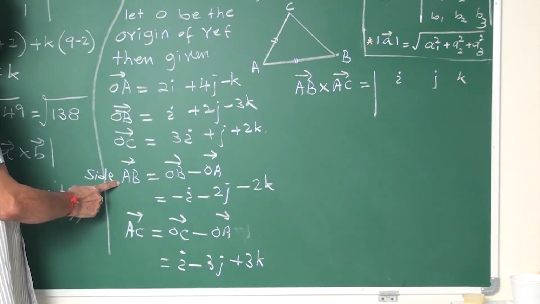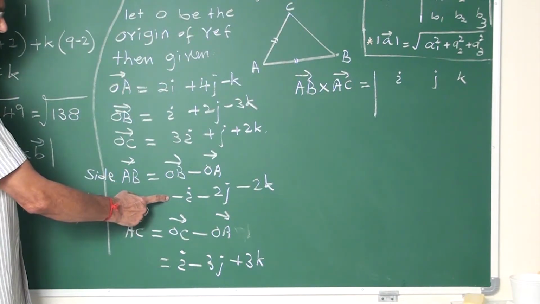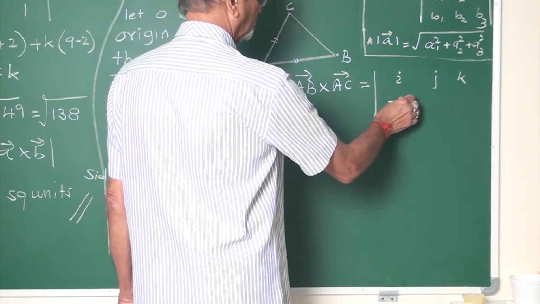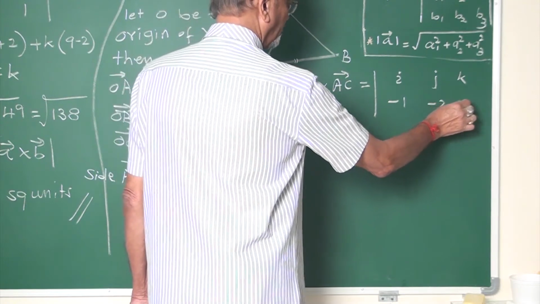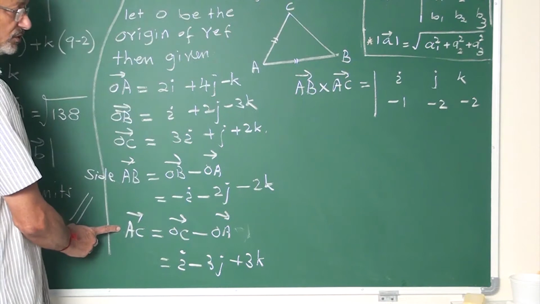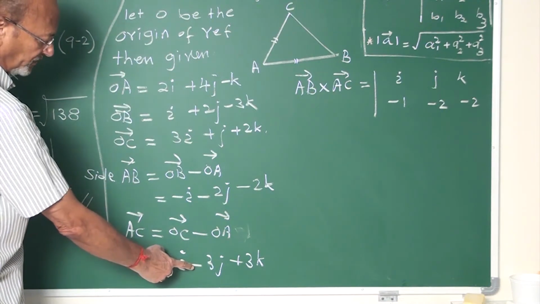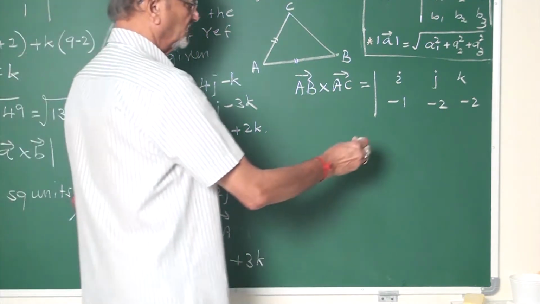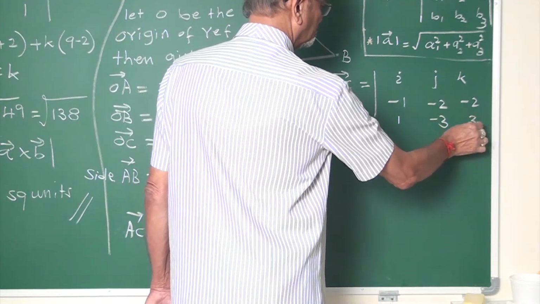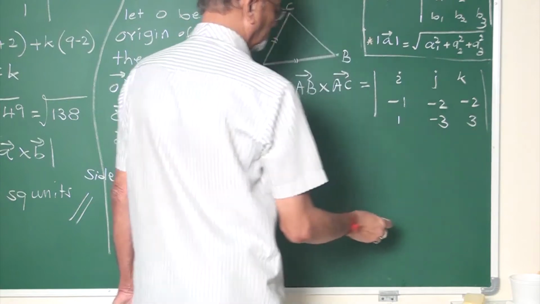Then components of AB: minus 1, minus 2, minus 2. Components of AC: 1, minus 3, plus 3.